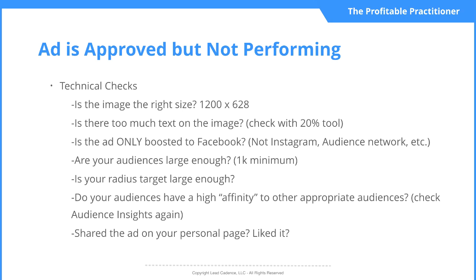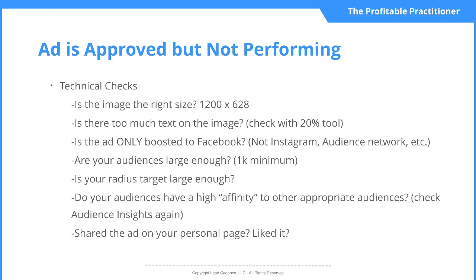Sometimes, and I don't know why it happens, certain audiences sound like they would be a great fit, but when we look at the affinity, the other groups are really strange and don't seem to fit. It doesn't really make sense. So if we're targeting audiences that we think would be fruitful and they're not, we can plug that audience back into the Audience Insights tool and see what other groups come up under the affinity.